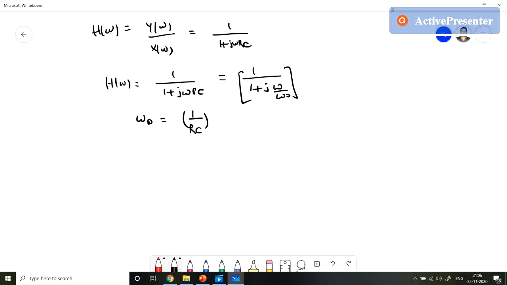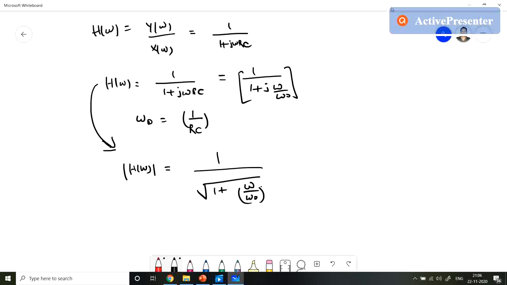If we find the magnitude of this transfer function, then the magnitude of H(omega) is equal to 1 divided by the square root of 1 plus (omega divided by omega naught) whole squared, because this denominator is of the form a plus jb.